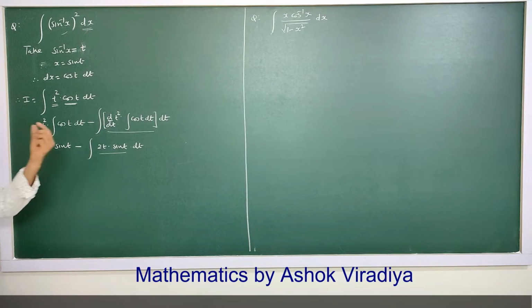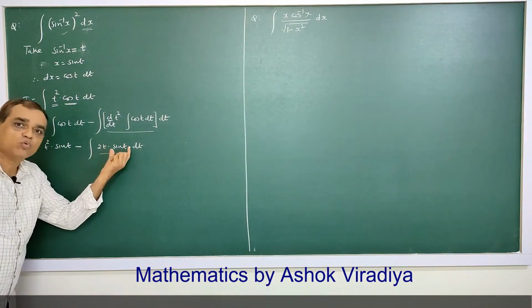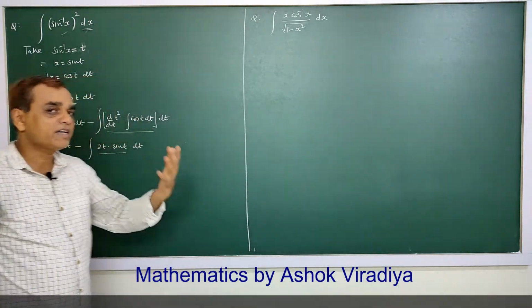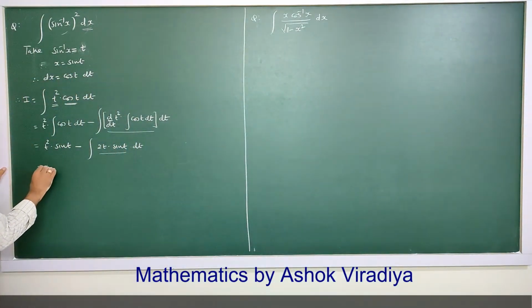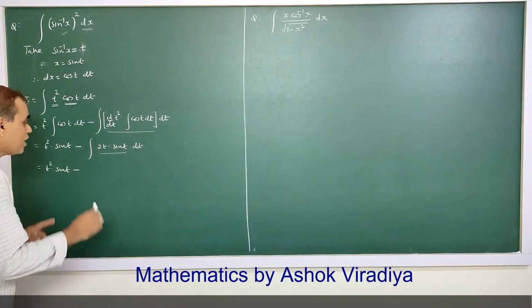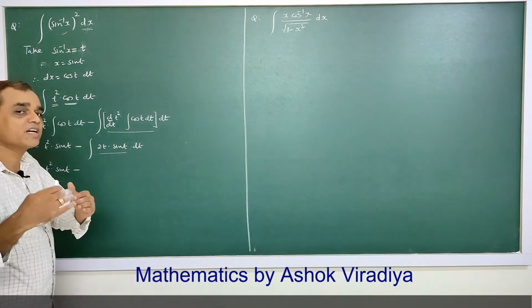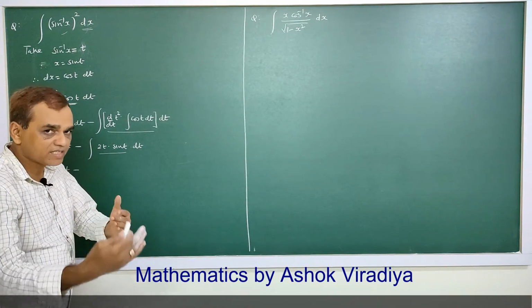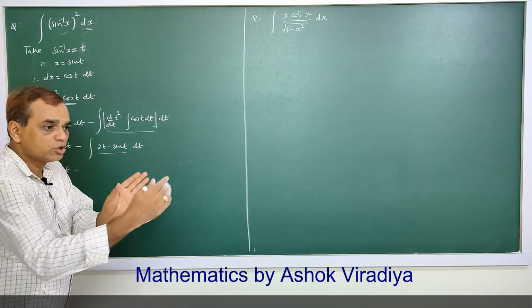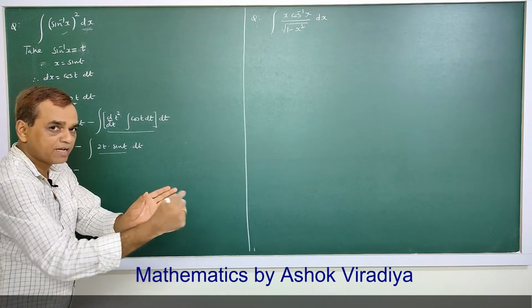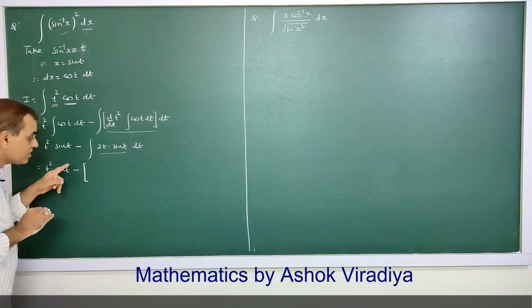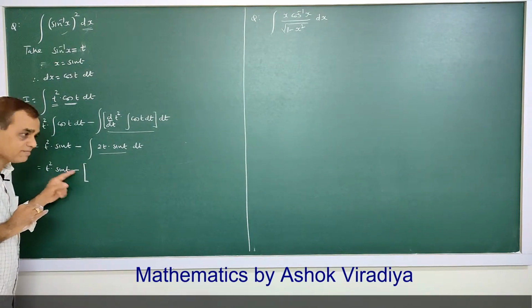And now once again u into v, a second application of integration by parts. So it is equal to t square into sin t minus. Because minus is the main sign and we are going to apply the rule of integration by parts, we get two terms separated by a minus sign. That's why we use a bracket here, because the main sign is minus.